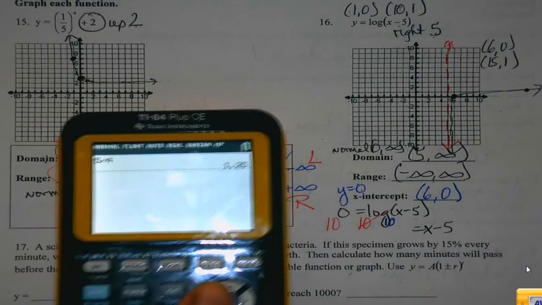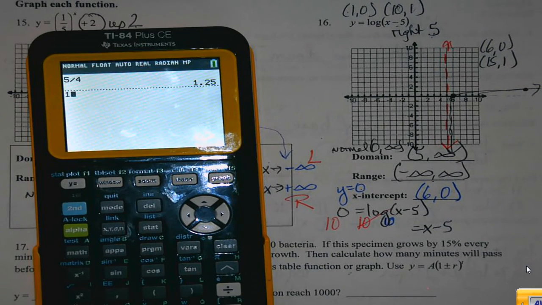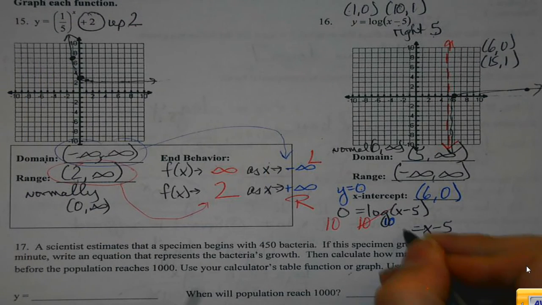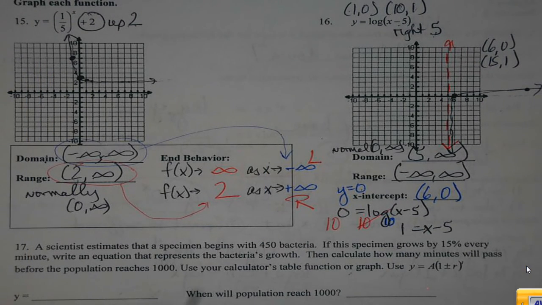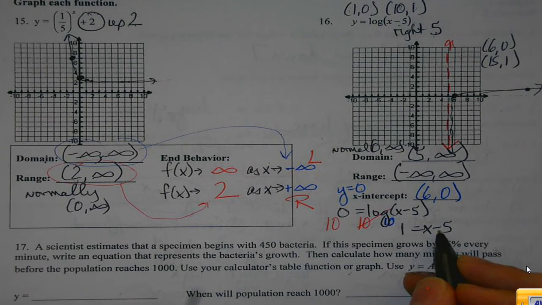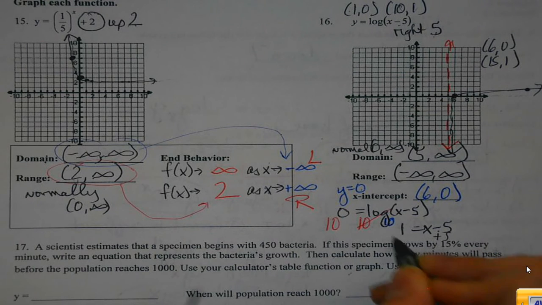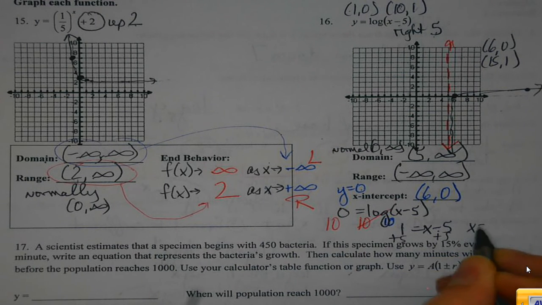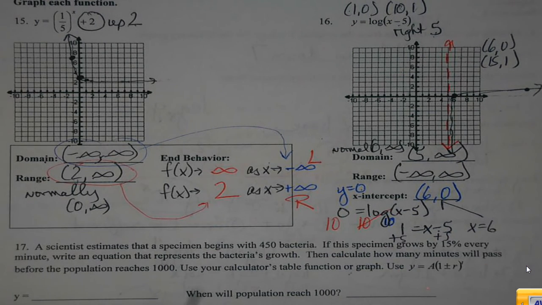And then 10 to the 0 power, if we don't remember, is 1. One last step to get x by itself. Plus 5, plus 5, x equals 6. There's where it's coming from. So if you don't see it on your chart, that's the little extra step you've got to do.